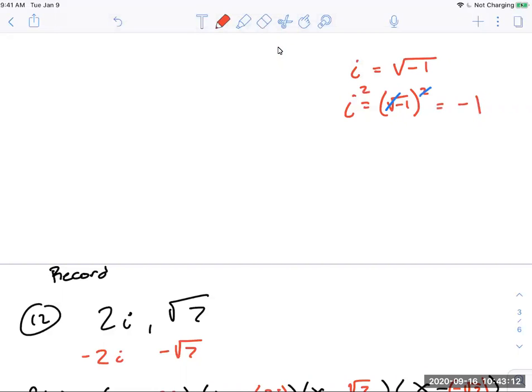If I keep this chart going, i cubed, you may use this year, maybe not. I know at least if you take pre-calc next year, for sure you will. i cubed is basically an i squared times an i, which means a negative 1 times the radical of negative 1, which is just negative radical negative 1.